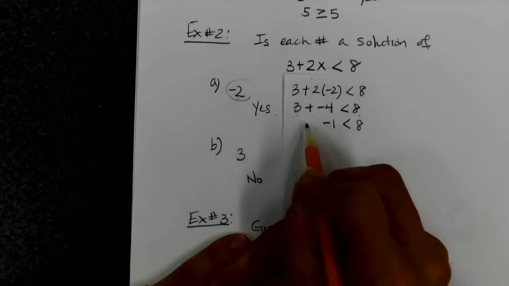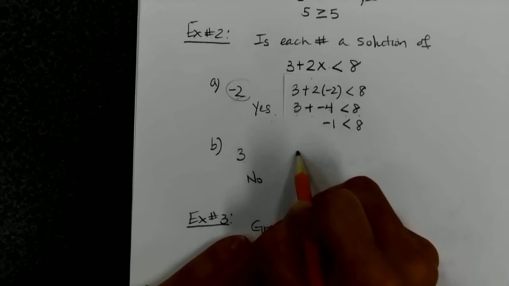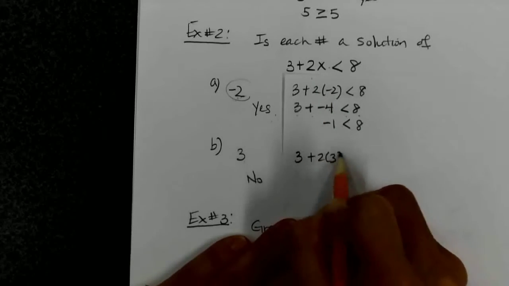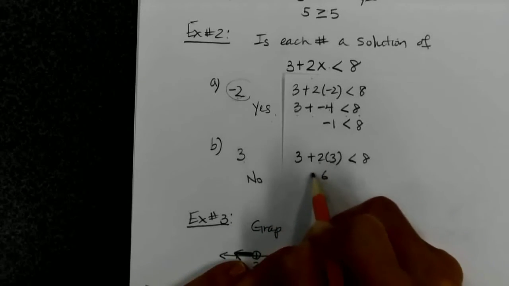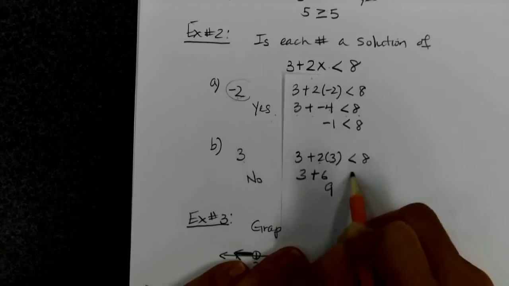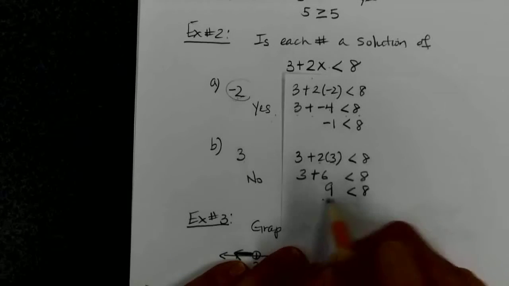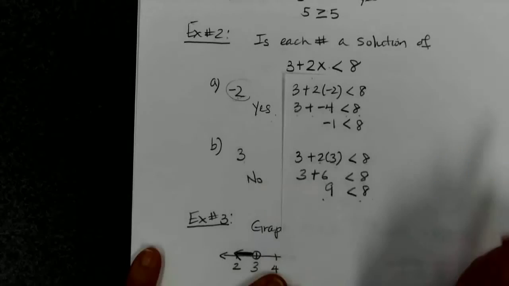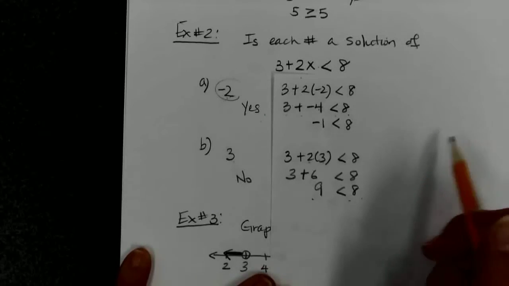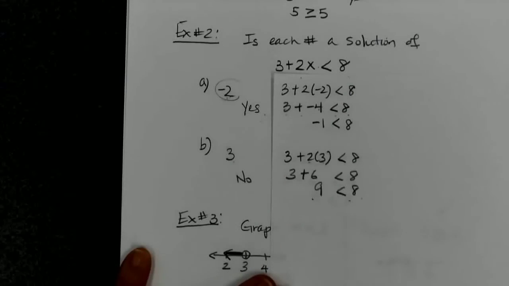Same thing, plug in 3 for x. So 3 plus 2 times 3, is that less than 8? Well, 2 times 3 is 6, plus 3, that is 9. So 9 is not less than 8, so 3 is not a solution to this inequality.